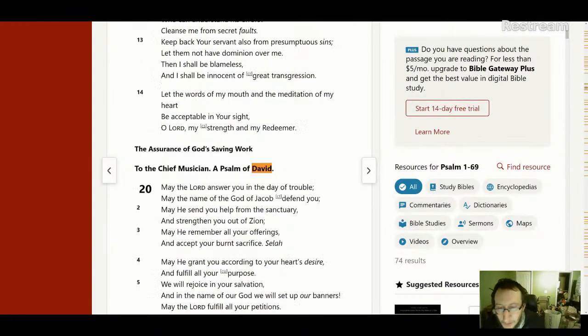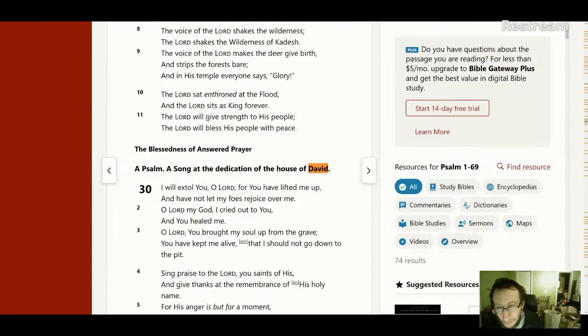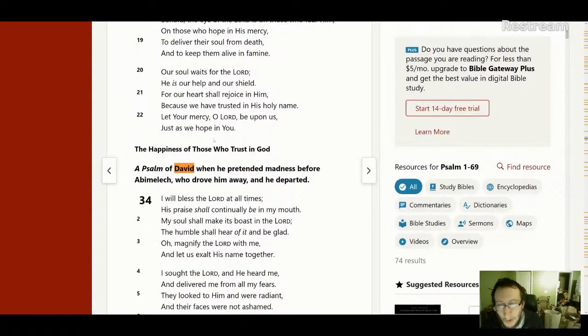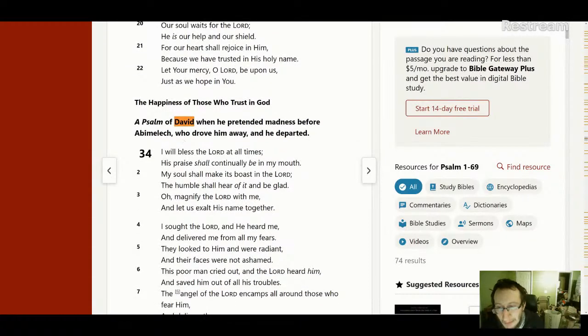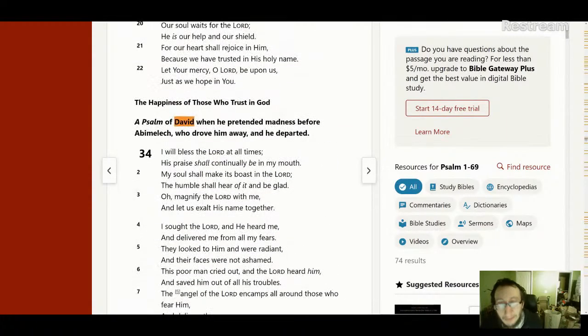Then we have, let's see here. When he pretended madness before Abimelech, who drove him away, and he departed. I believe that's also from the Samuel the Seer, when he was running away from Saul.